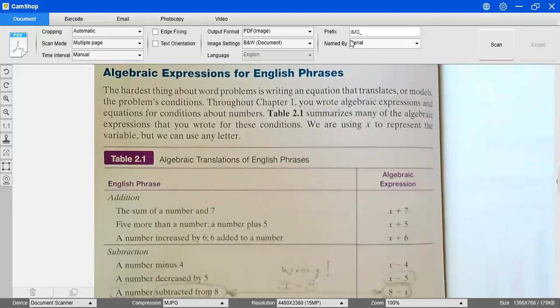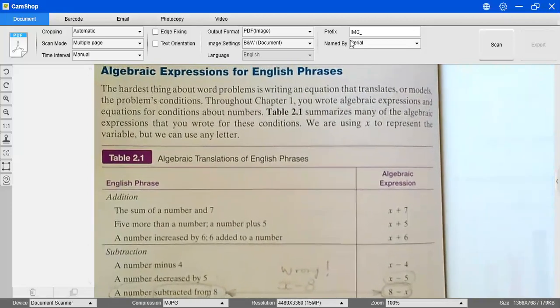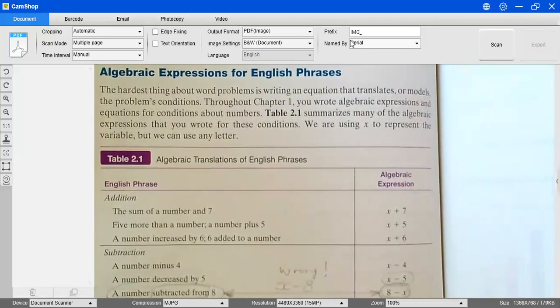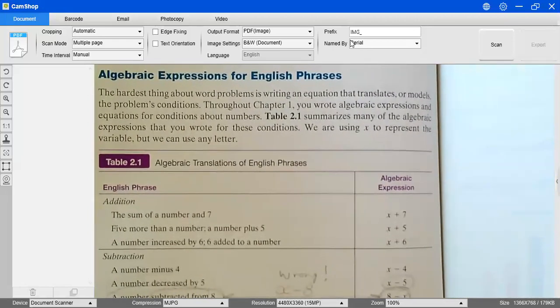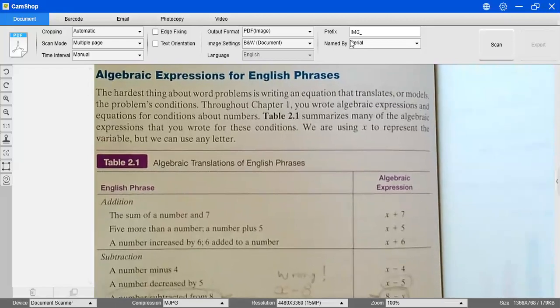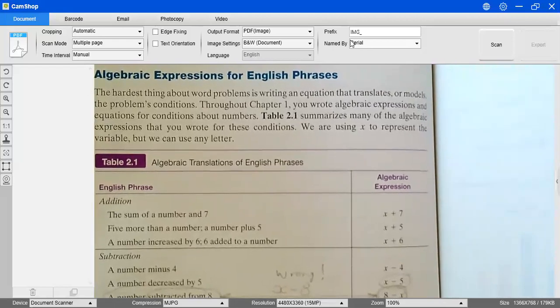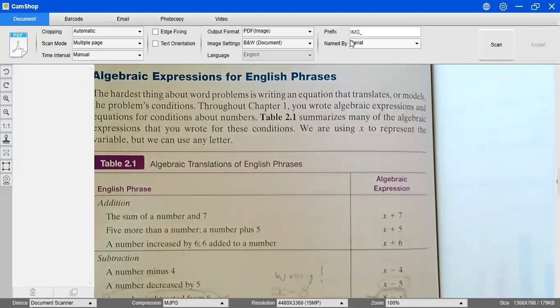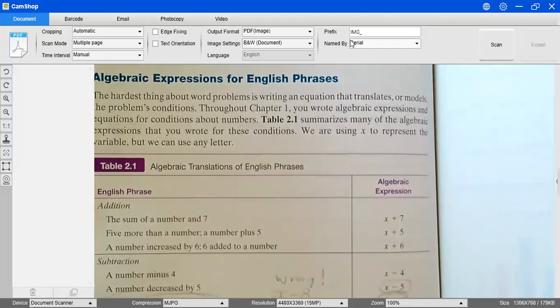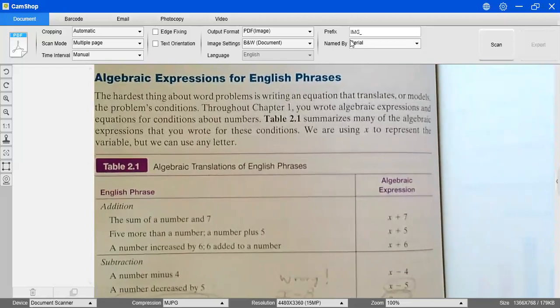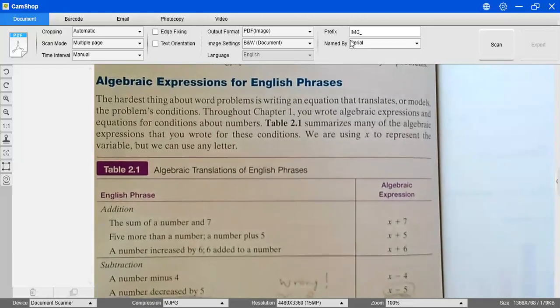For example, expressions involving addition: the sum of a number and 7 is x plus 7, 5 more than a number, or a number plus 5, or a number increased by 6, or 6 added to a number. So there are many, many ways to indicate that you are dealing with an addition.